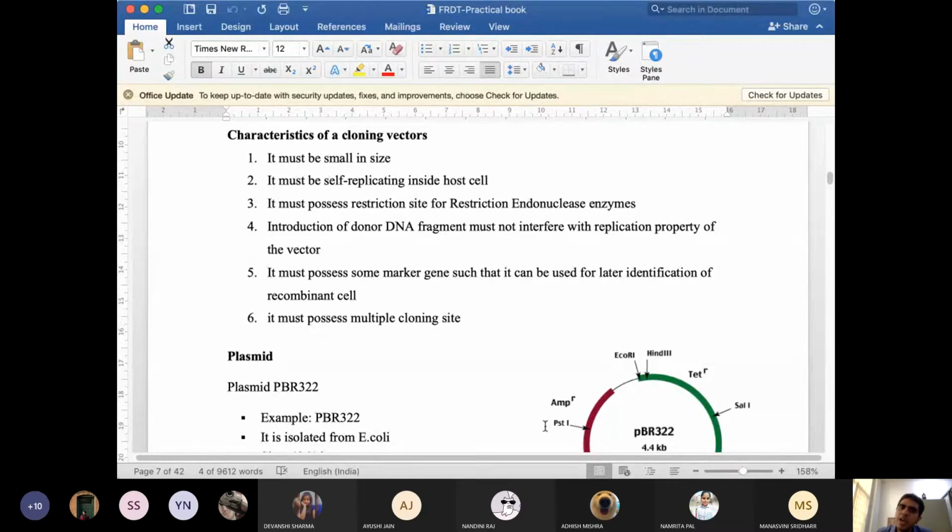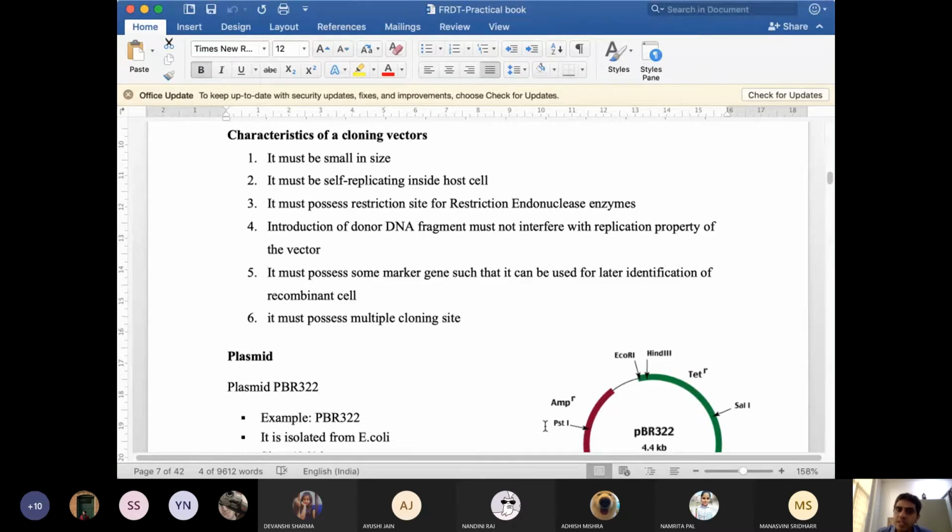In this way, you can add the DNA which you want to be carried by your vector. The fourth property is that the introduction of the donor fragment must not interfere with the replication of the vector. Our main job is that it should carry the DNA.